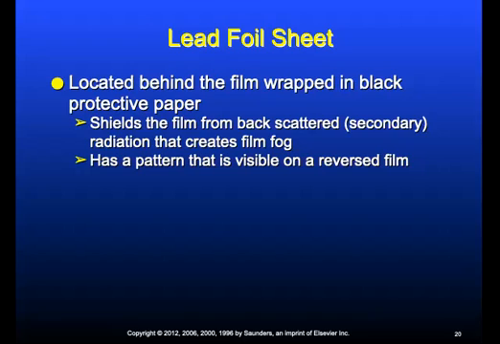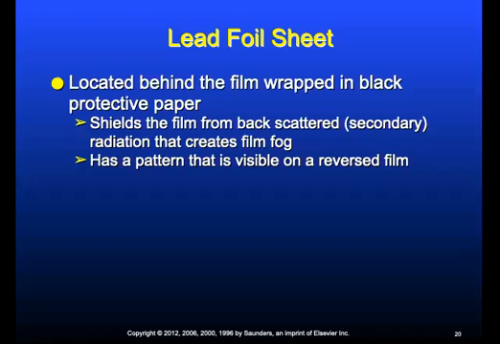What can happen is if you try to expose your film backwards, so instead of having the white part of the film facing the tube, you make a mistake and put the flat part toward the tube, most times the film will still expose because it has that double emulsion.